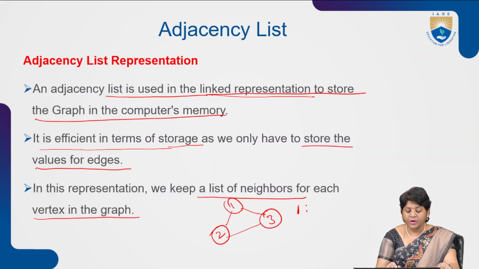So now here 1 is connected to 2 and 1 is connected to 3. So here the adjacent vertices are 2 and 3.